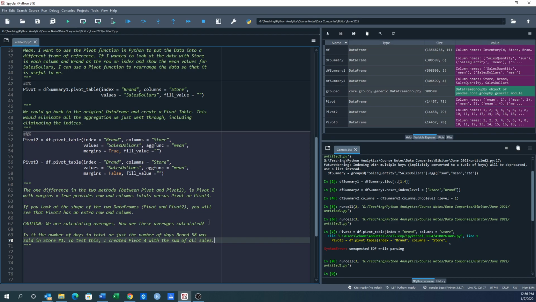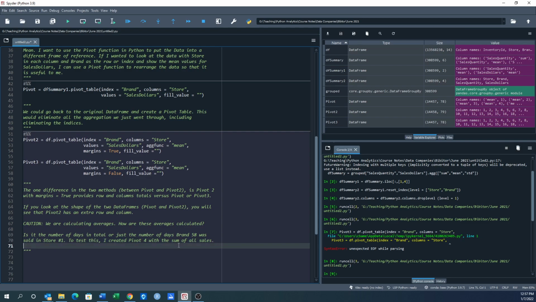If the averages in pivot 2 and pivot 3 are based on every day, then 365 times the average should get me the total sales found in pivot 4.